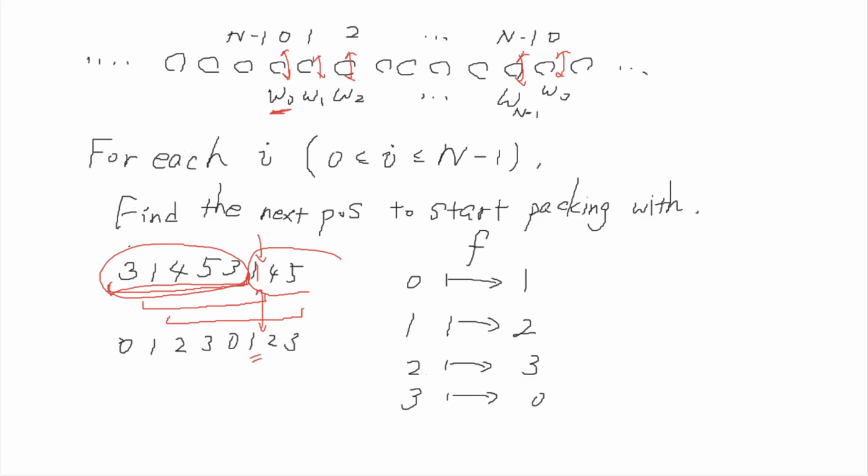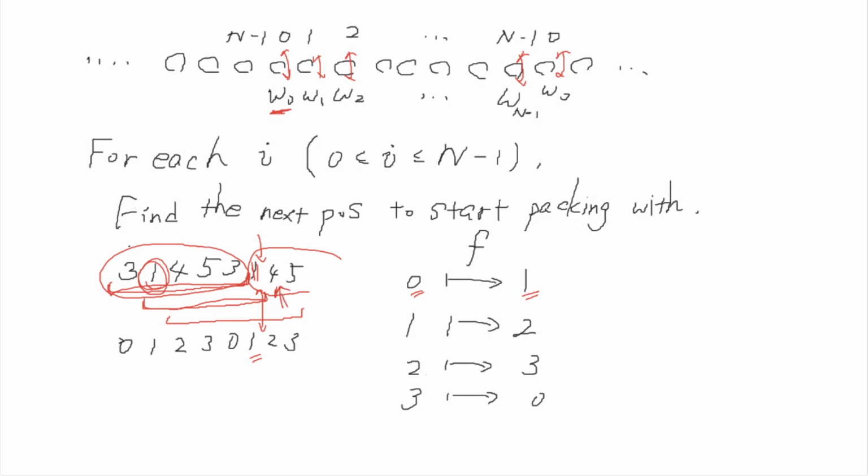So the current position of the box maps to 1. And then if you start with this one, you may end with this one, and the next box starts with this 4.